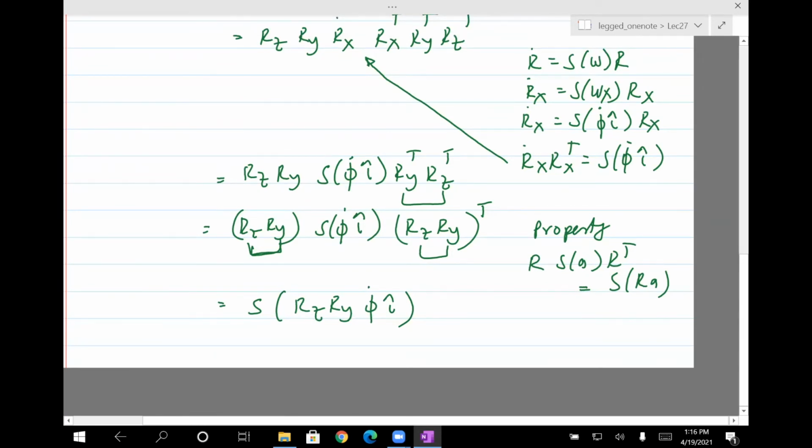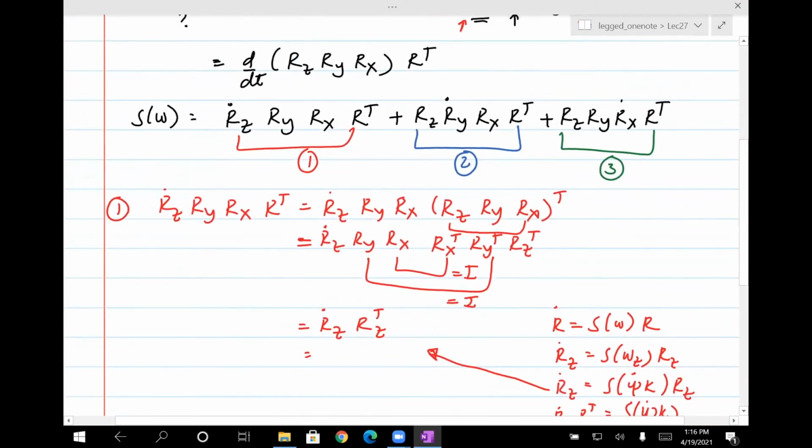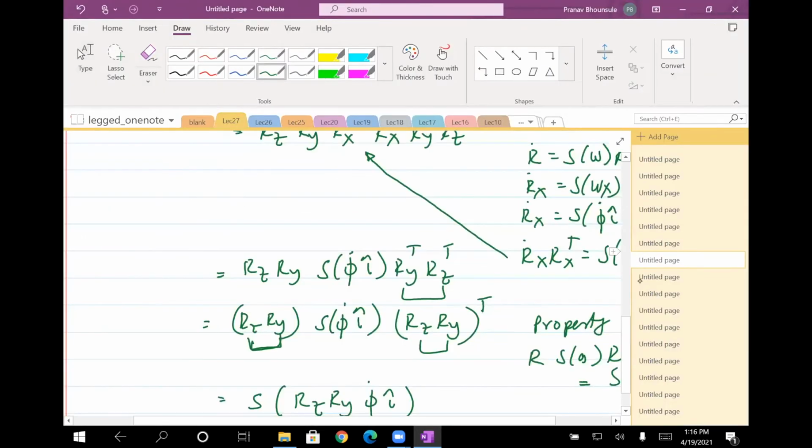So very close to getting what we are. So we are just going to now pull everything together. So I'm going to write expression for S of omega now, but I have all these three terms simplified. So I'm just going to do that. So this is what you get if you put all these terms together.